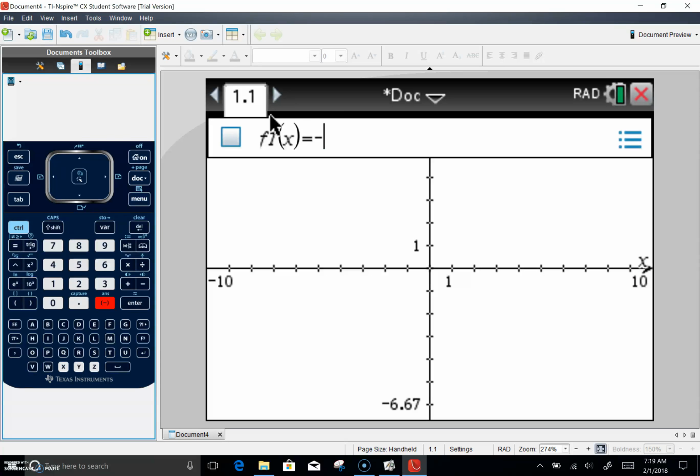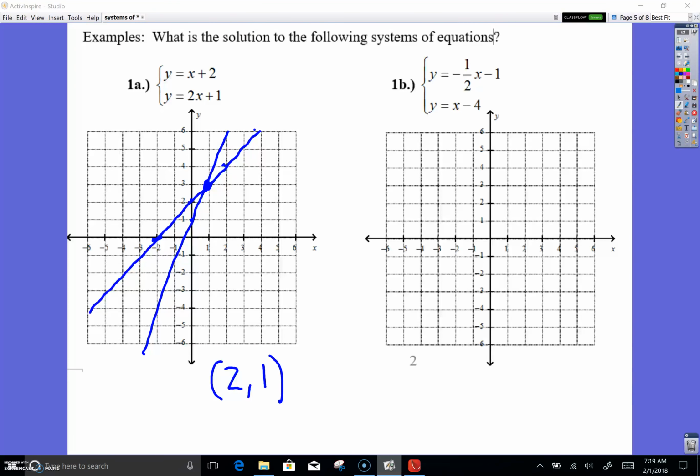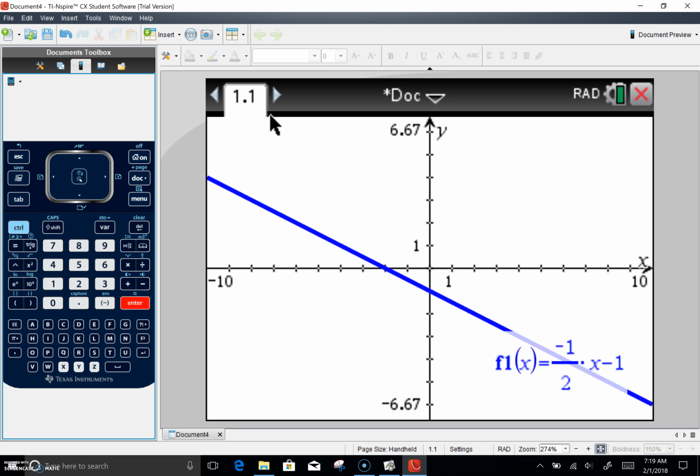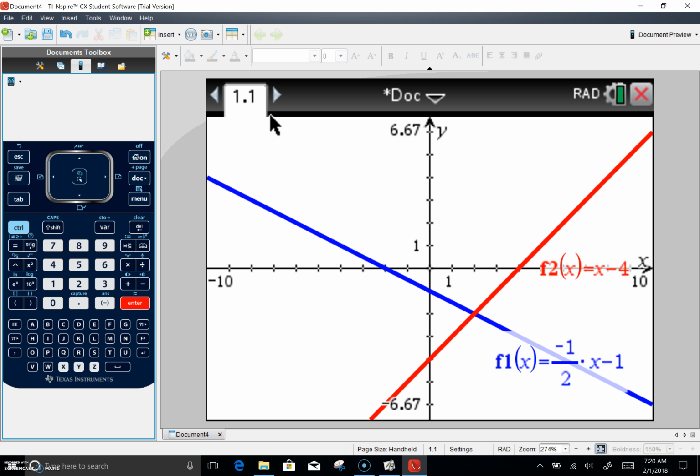Negative, control divide, 1/2, x minus 1, enter. Tab, and x minus 4, enter. Okay, let's try this.